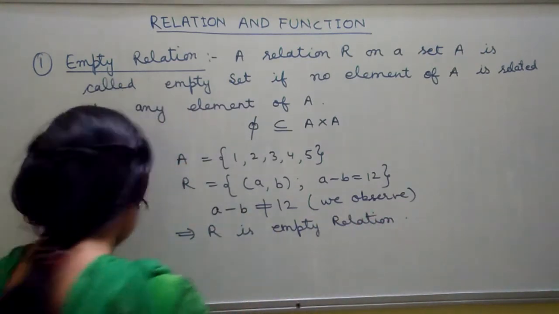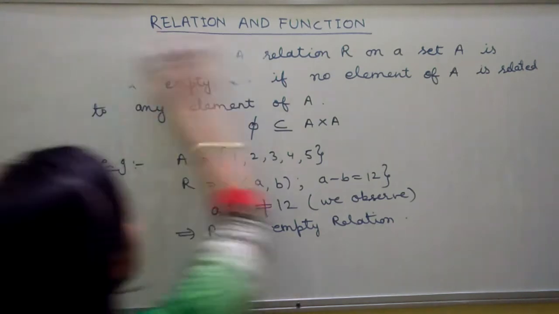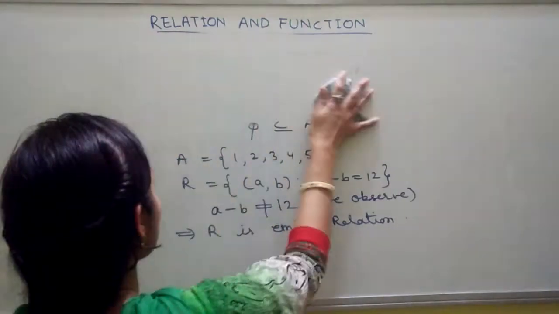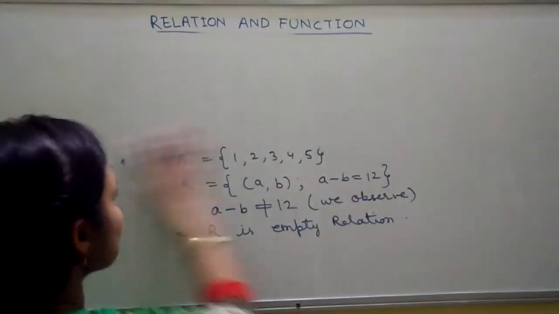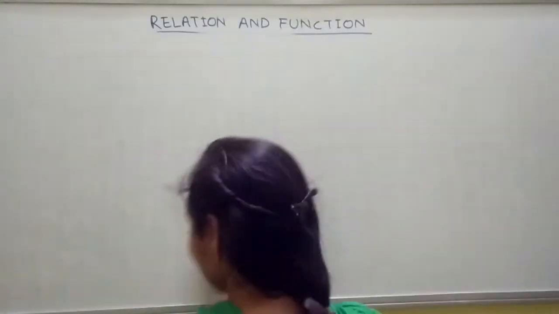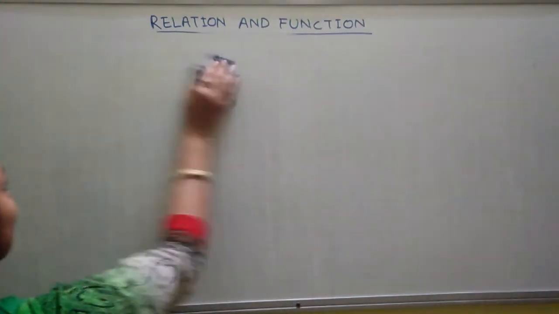Now come to the universal relation. What is universal relation? You have already studied definitions of sets in class 11, and in those definitions we have the universal set also.